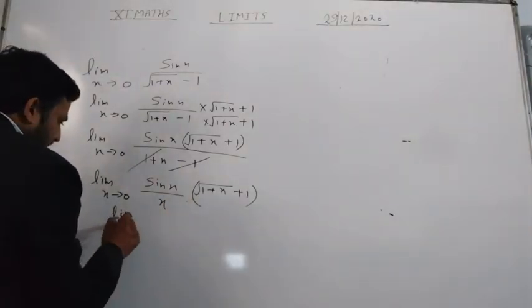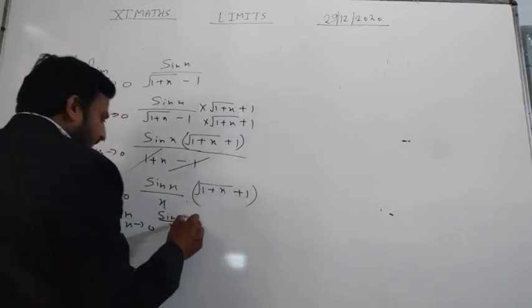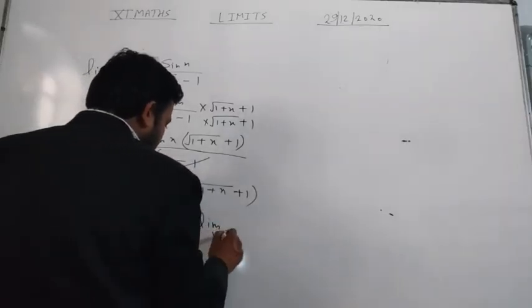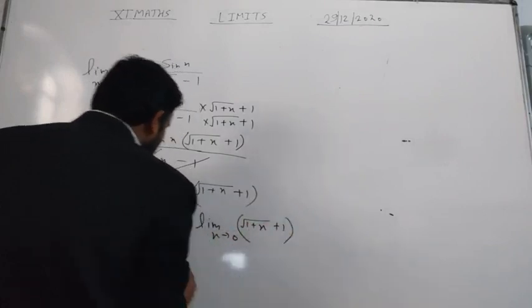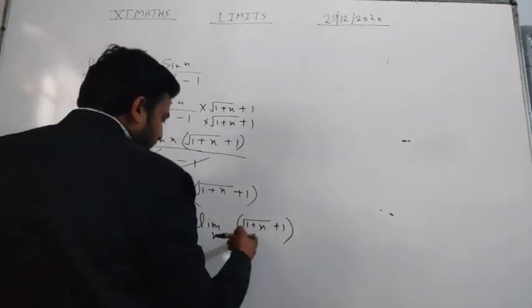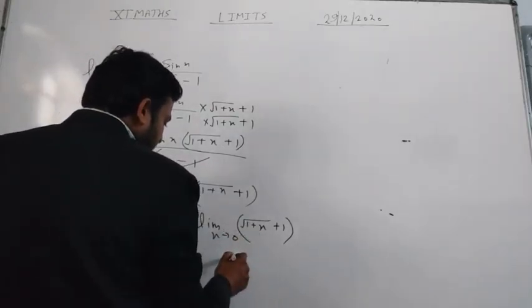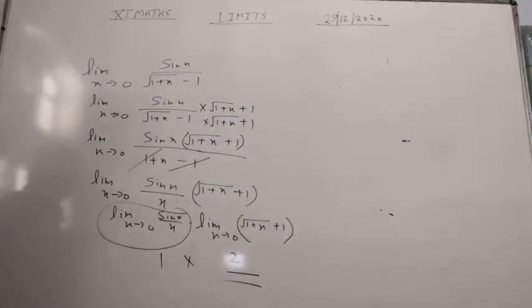So we write limit x tends to 0, sin x by x, and limit x tends to 0, 1 by root 1 plus x plus 1. The first value is 1, and putting x as 0 in the other, we get 1 plus 1, which is 2. So it will be your required result.